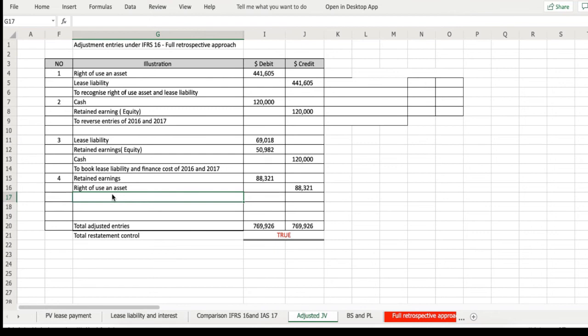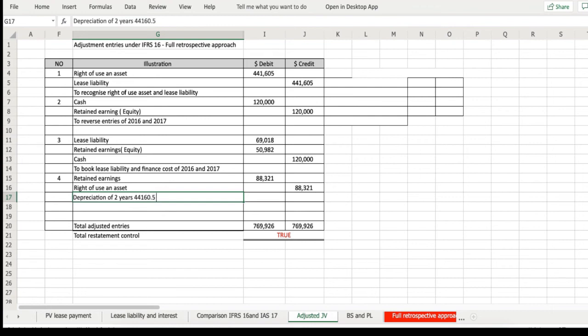So we can write the short narration: depreciation charge of 2 years.